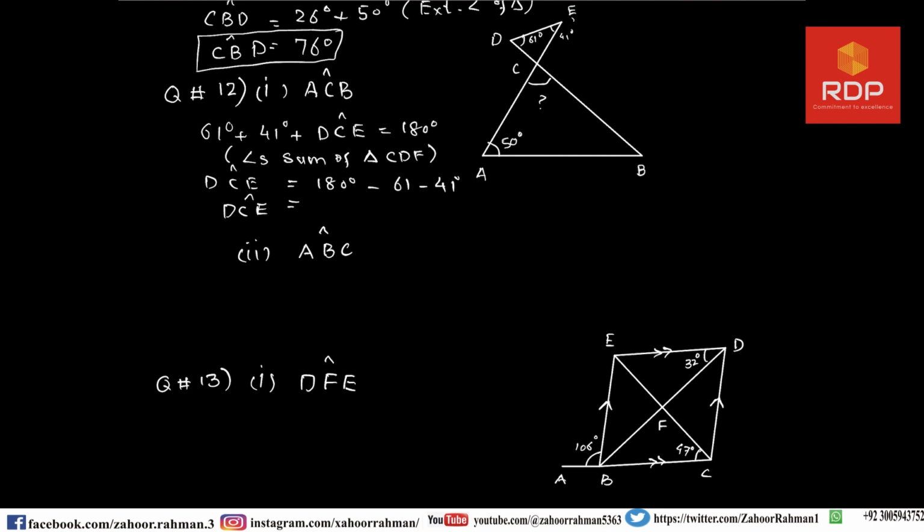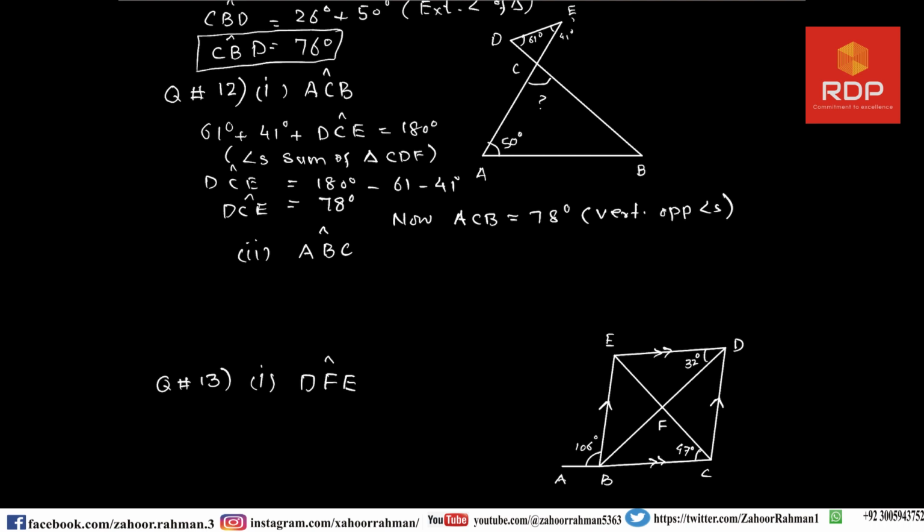We have to subtract first 61 from 180 and then 41, so we get 78 degrees. Now ACB, which is our ultimate goal, ACB is equal to 78 degrees by vertically opposite angles.